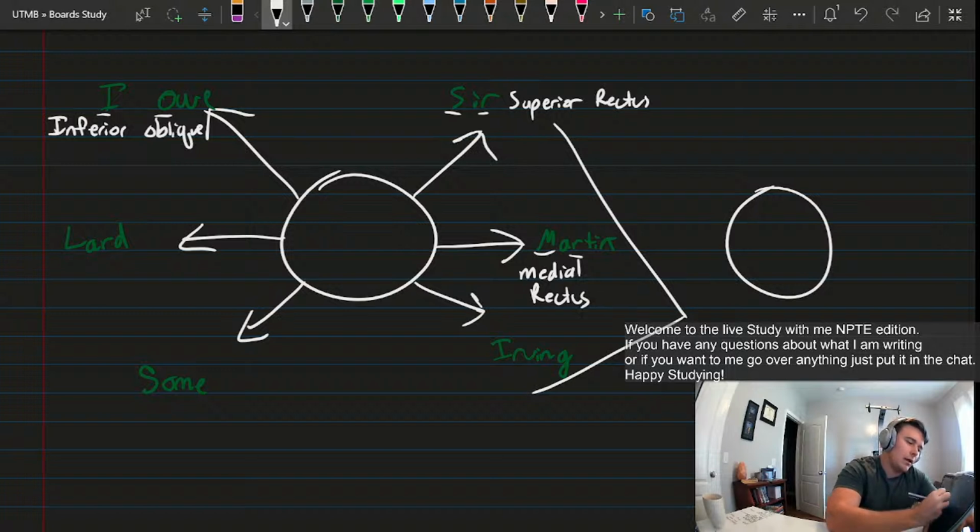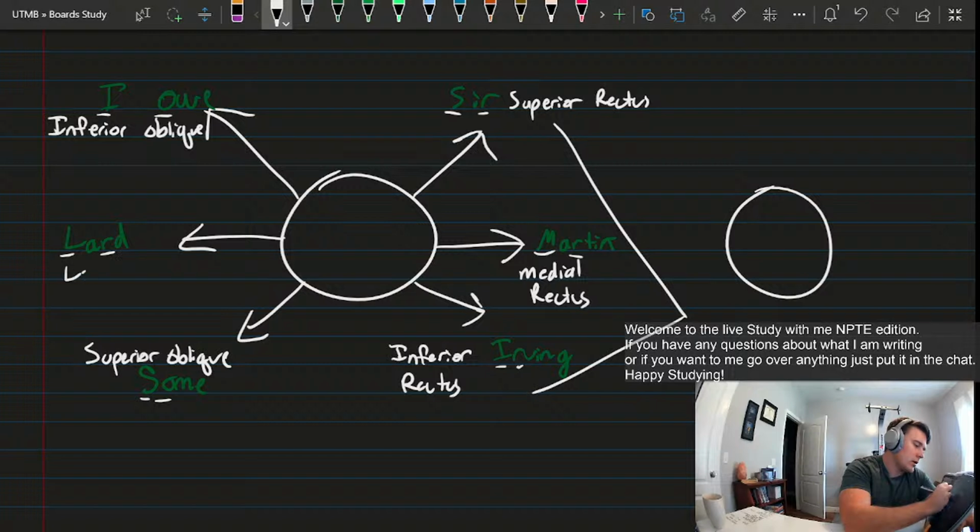IR is going to be inferior rectus. SO is going to be superior oblique. LR is lateral rectus.